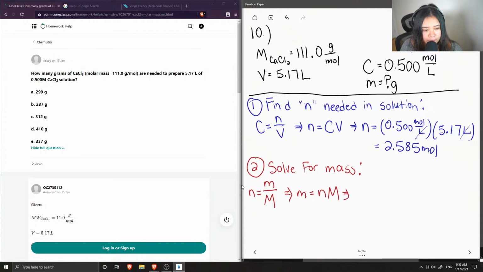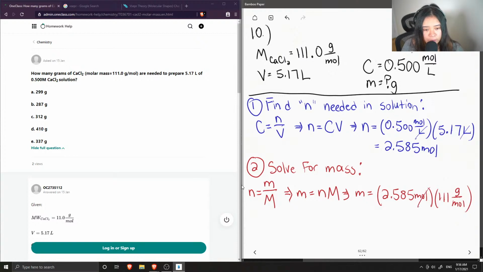So the mass is equal to 2.585 moles times our molar mass, which was the 111 grams per mole.